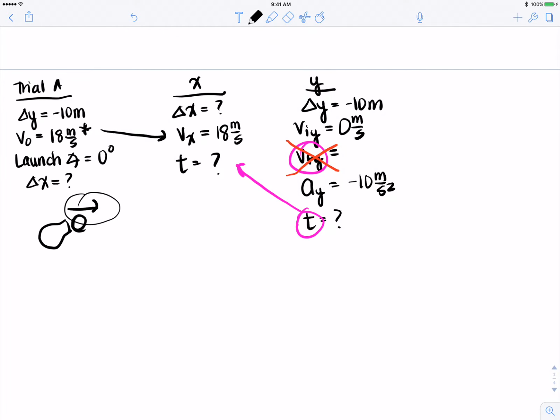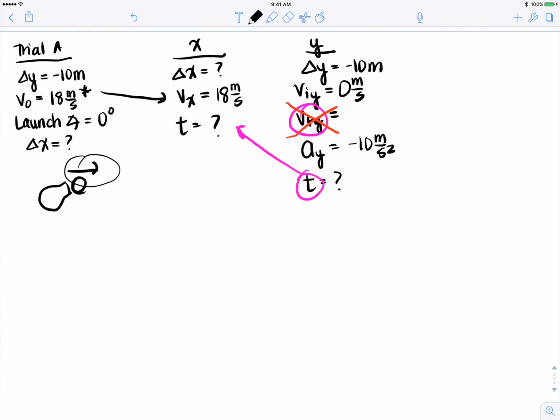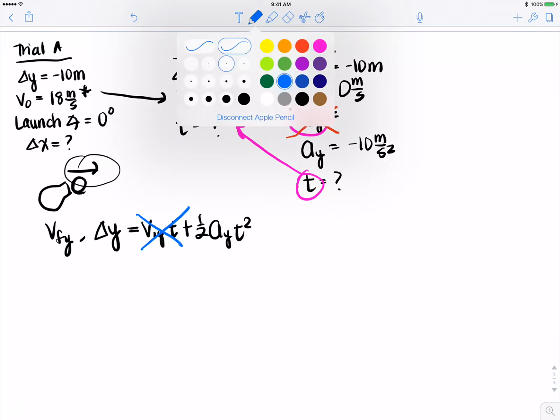If we leave out v sub fy, we're going to use the equation delta y equals v sub iy t plus 1/2 a sub y t squared, because this is the equation that leaves out v sub fy. So recall that from first dimension kinematics. Now, v sub iy is 0, so let's go ahead and cross this term out.